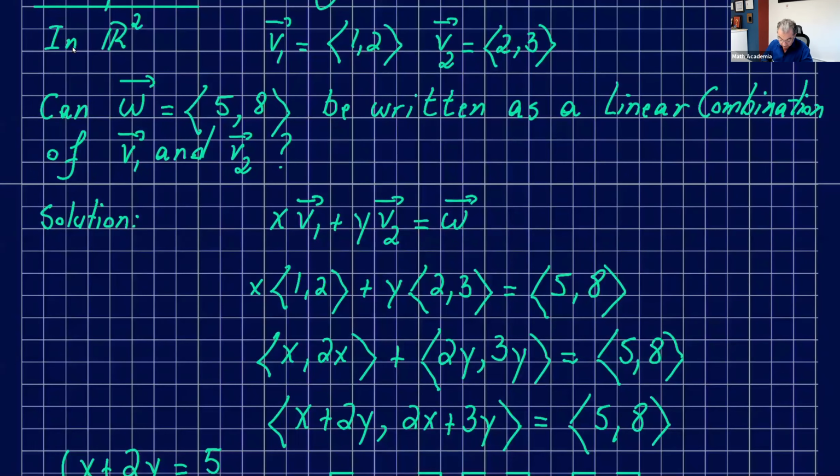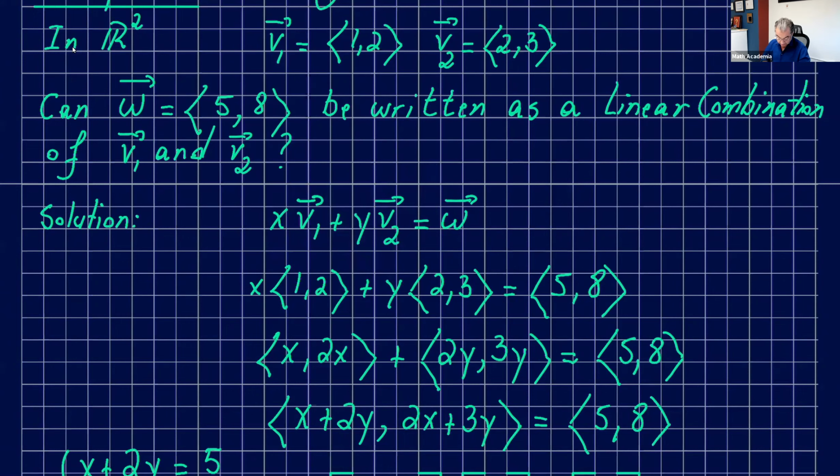If you want to find that out, you can just say we don't know what those numbers are. You can call them x, y, c1, c2, alpha 1, alpha 2. It doesn't make a difference. For this first example, I call them x and y so you see what's going on. So x times v1 plus y times v2 equals w, and there's a question mark here.